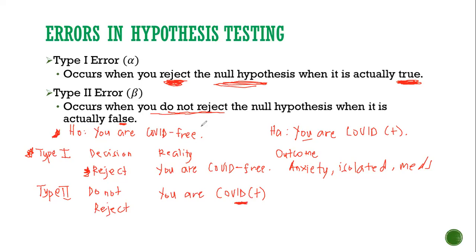Kasi nga false yung ating null hypothesis. So you failed to reject your null hypothesis when it is actually false. Anong outcome nito? So instead na sinabi mo sa patient na you are COVID positive, well in fact, COVID positive talaga siya. Ang sinabi mo sa kanya, you are COVID-free. Ito ang sinabi mo sa kanya, you are COVID-free.